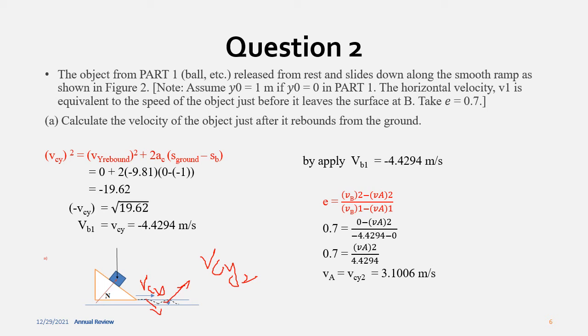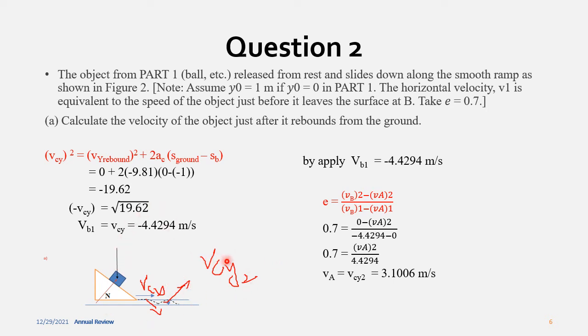Okay, the first question for question 2 is calculate the velocity of the object just after its rebound from the ground. The velocity of the object after rebound off the ground is this one, the VCY2, and VCY1 is the velocity of the object when it hits the ground before the rebound.